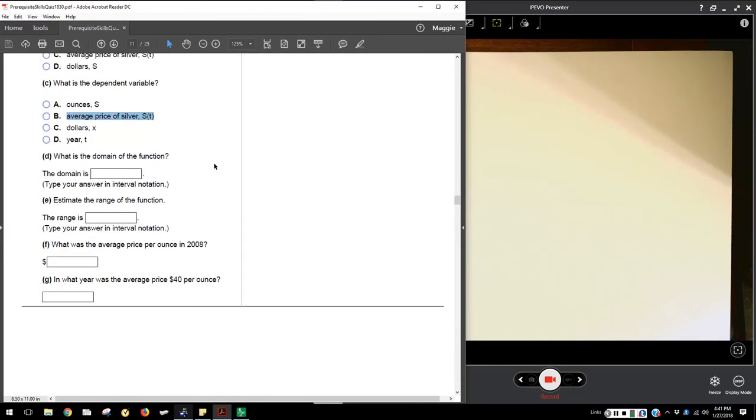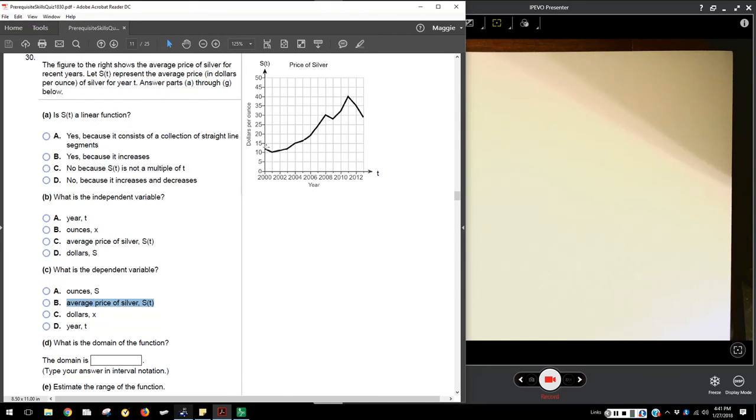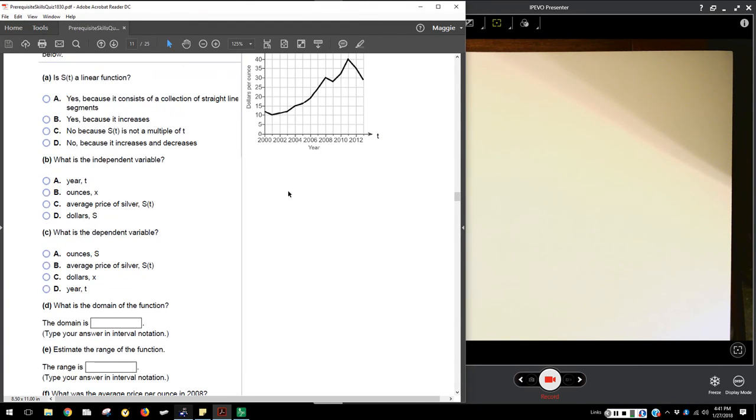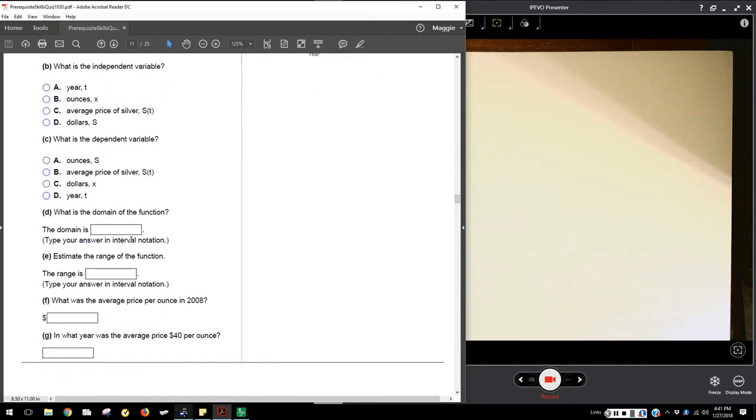The domain of the function: since the function we're looking at begins in the year 2000 and ends in the year 2013, because the next tick mark after 2012 would be 2013, the domain would begin at 2000, comma, 2013, with square brackets because it includes both those years.